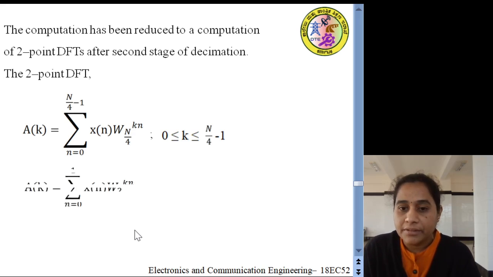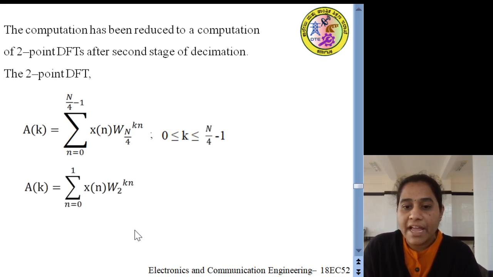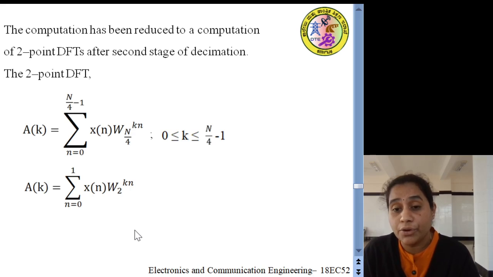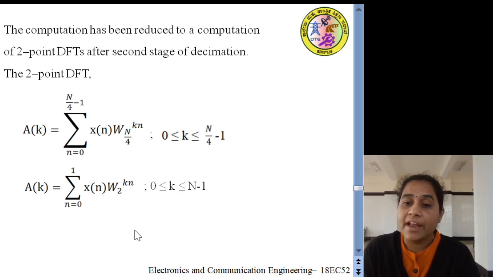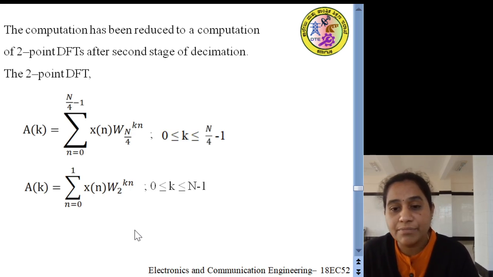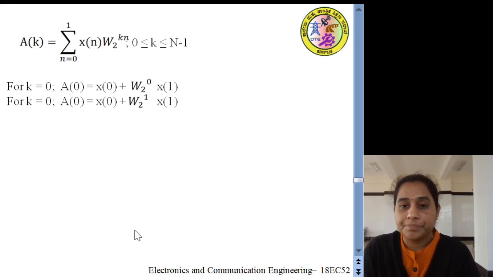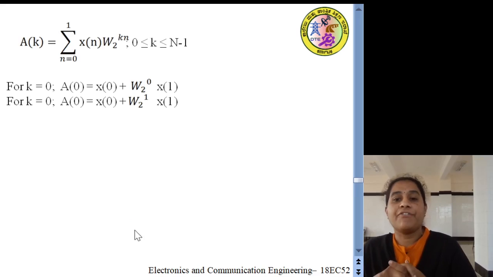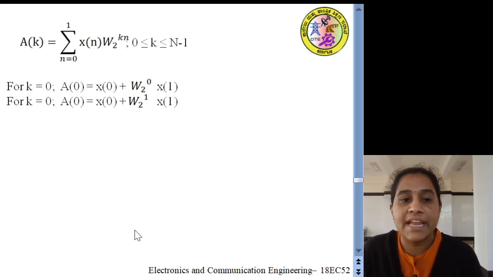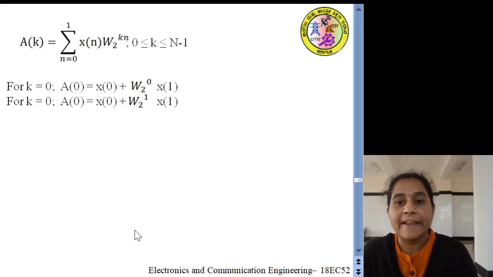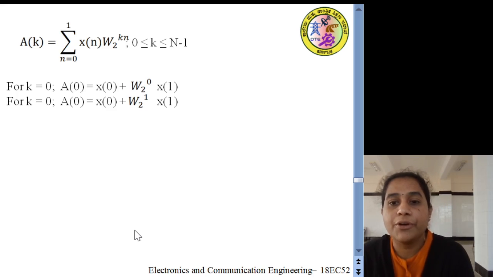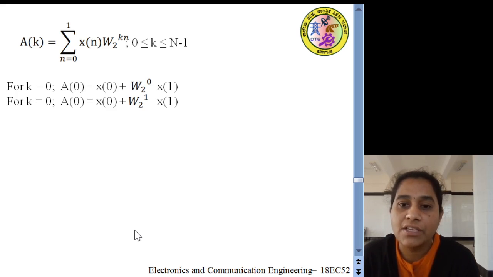So A of k is the summation, n varying from 0 to 1, of x of n into W2 raised to the power kn, where k varies from 0 to n minus 1.